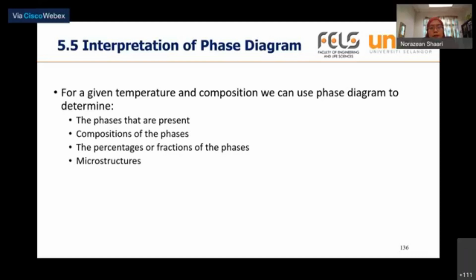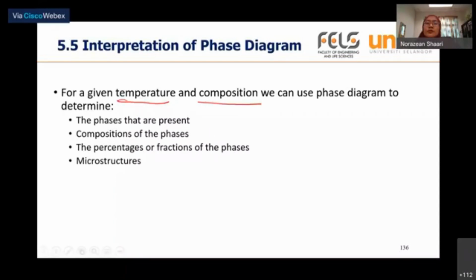Satu adalah kalau kita diberi temperature dan juga composition, then we can determine the phases that are present, jenis fasa ataupun phase apa yang ada, composition of the phases, percentage of fraction ataupun amount of the phases, dan juga microstructure juga kita boleh predict daripada phase diagram tu.